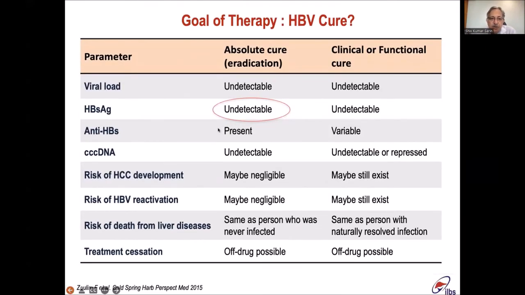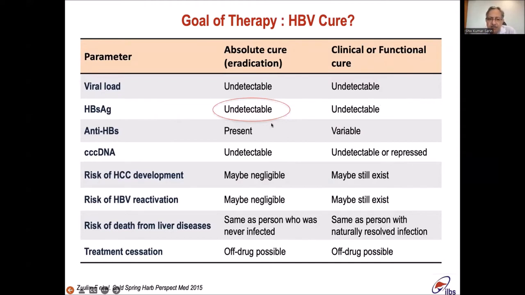So what are our goals of therapy? Our goal is virus DNA should disappear. Surface antigen becomes undetectable. Anti-HBs antibody to surface antigen should form. cccDNA from the nucleus must go away. There should be negligible risk of liver cancer, reactivation, or death.